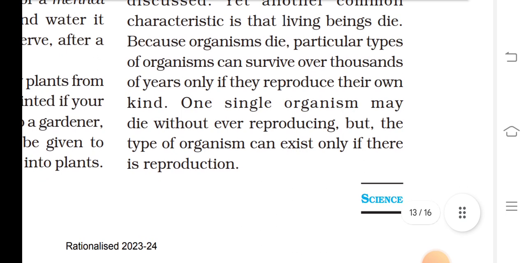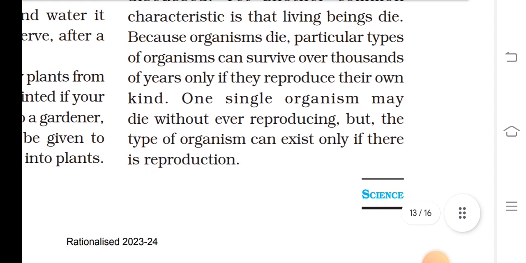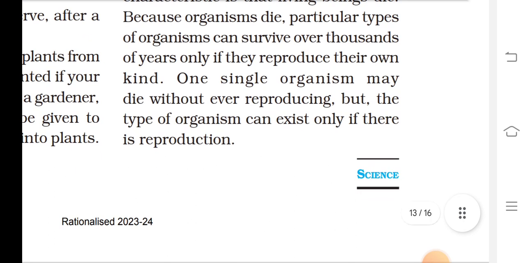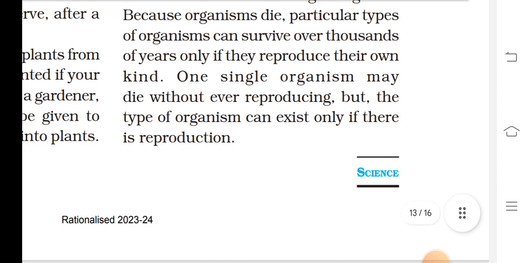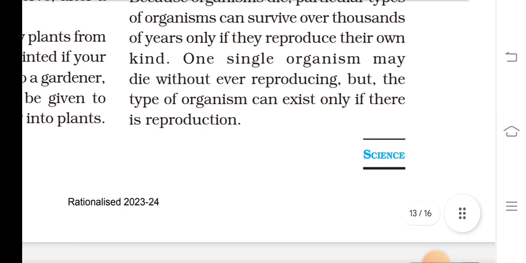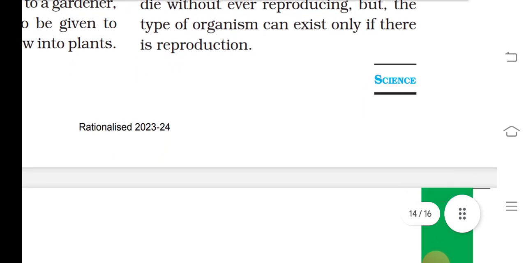A particular organism can survive over thousands of years only if they reproduce their own kind. One single organism may die without ever reproducing, but the type of organism can exist only if there is reproduction.